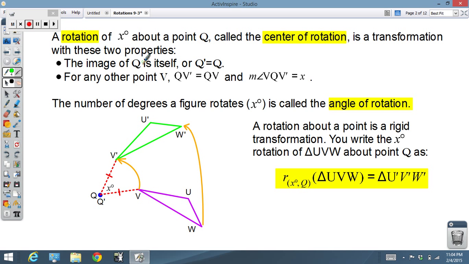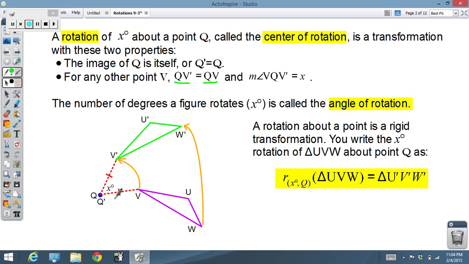A rotation has these two properties. First, the image of Q is itself; it doesn't change position. But for any other point, for example point V, angle VQV prime is equal to x. The second thing is that the distance QV prime is equal to the distance QV.